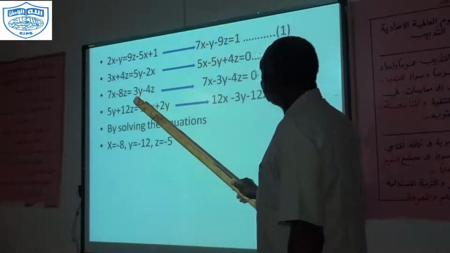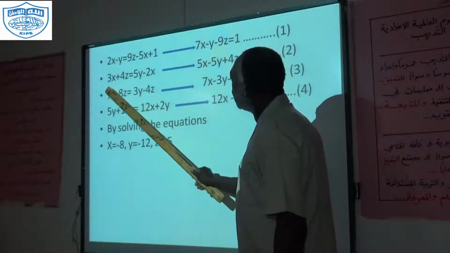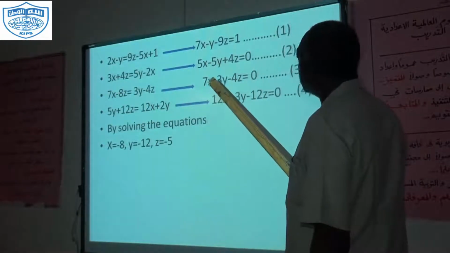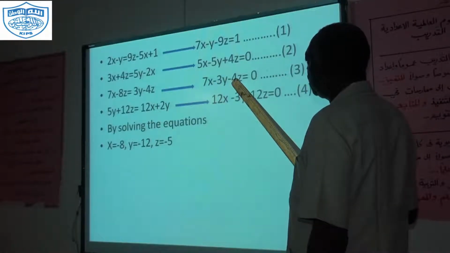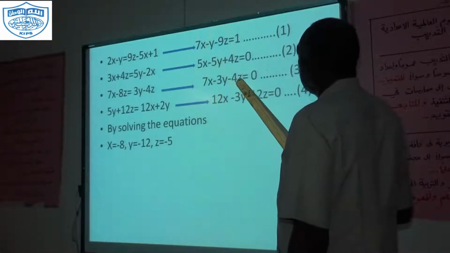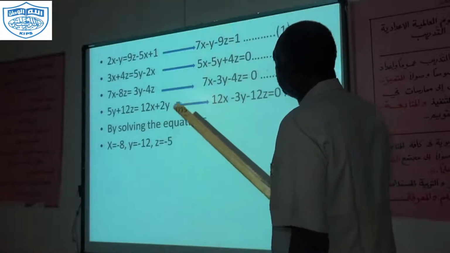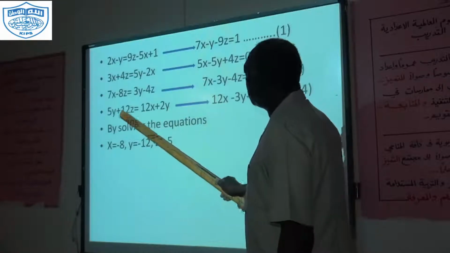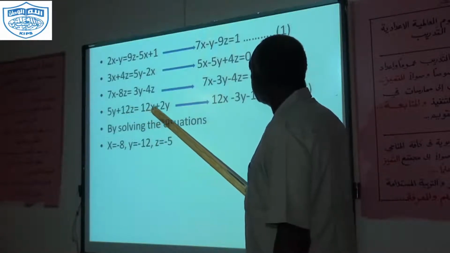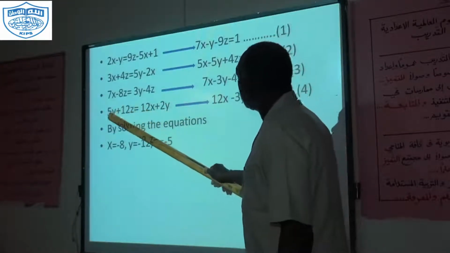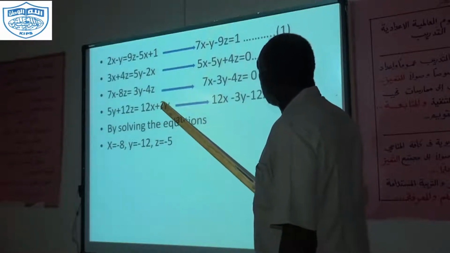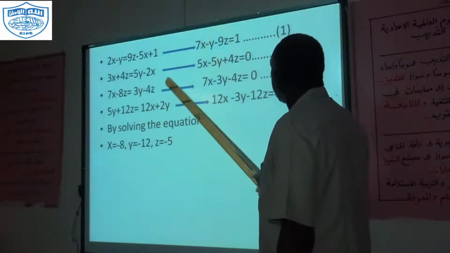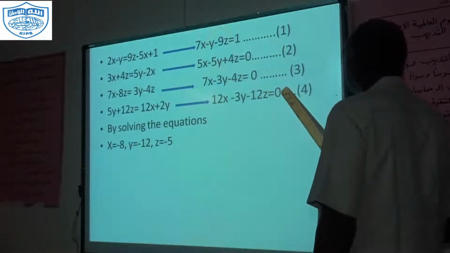Also, you transform 3y to the other side and negative 4z to the other side, it becomes 7x minus 3y minus 4z equals 0. The last equation: 5y transformed to the other side, 12x plus 2y at this side, 5y became negative, so 2y minus 5y equals negative 3y. 12z became negative 12z, equals 0.